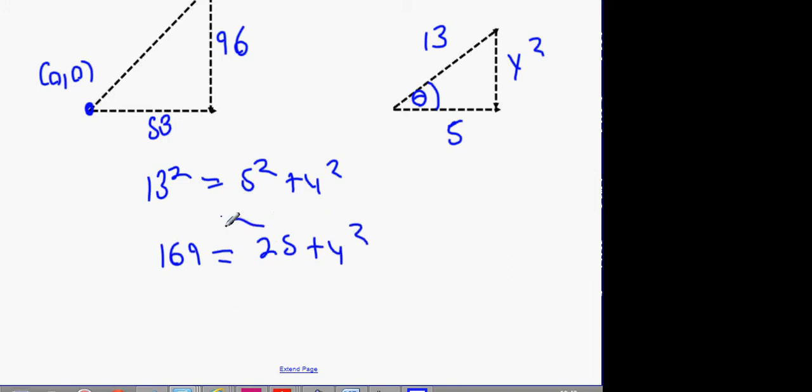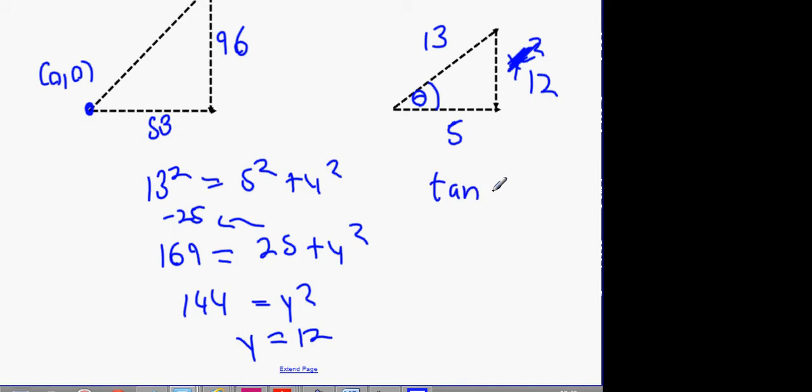This means that 144, when you take away the 25, equals y squared, y equals 12. Now, I would have told you yesterday that the slope is the same thing as tan. It's rise over run. You're rising up 12 and you're running across 5. That is the slope of your line.